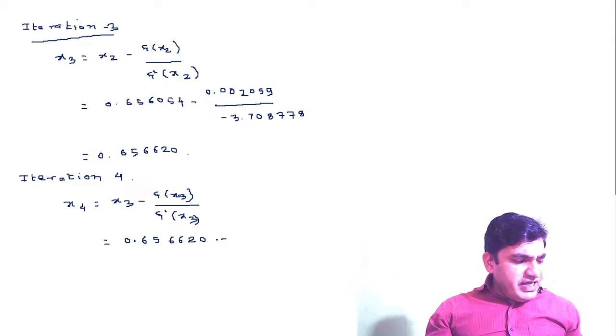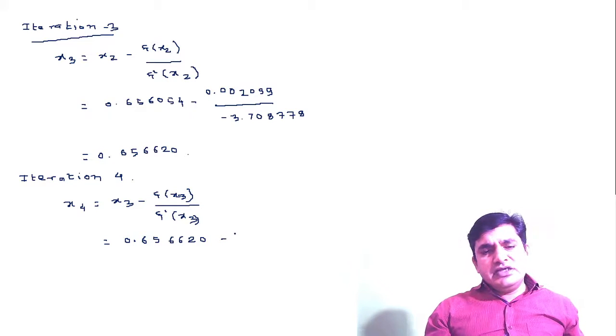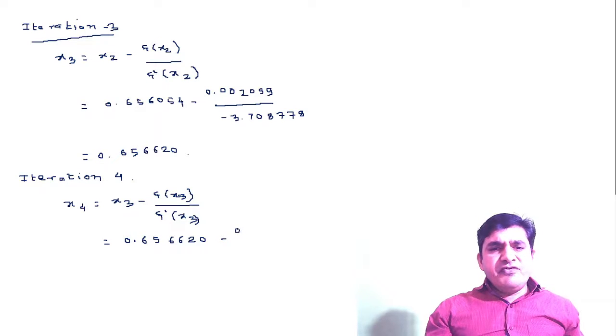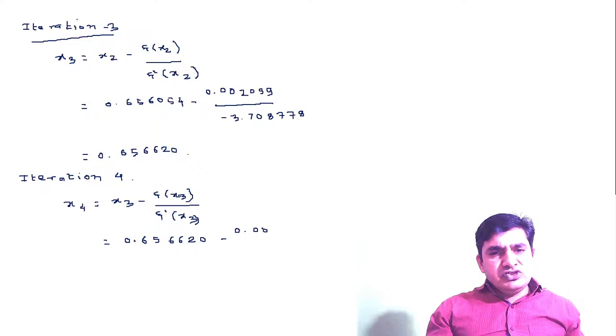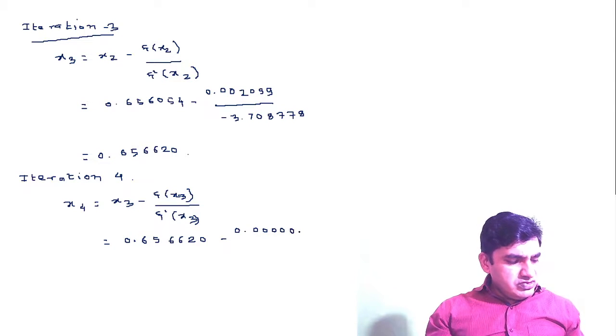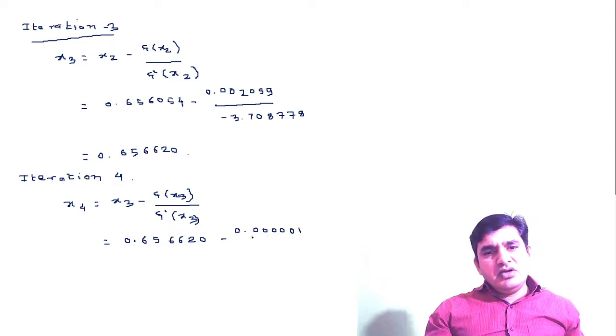Now put the value of x3 in the given function, so we get f of x3 as 0.000001 divided by f dash of x3, which is minus 3.706549.